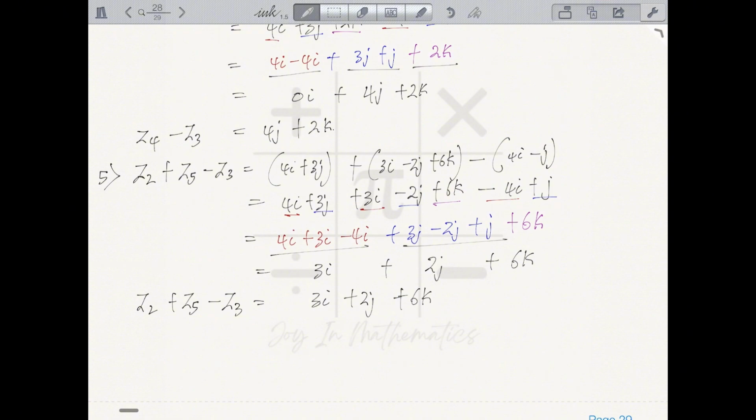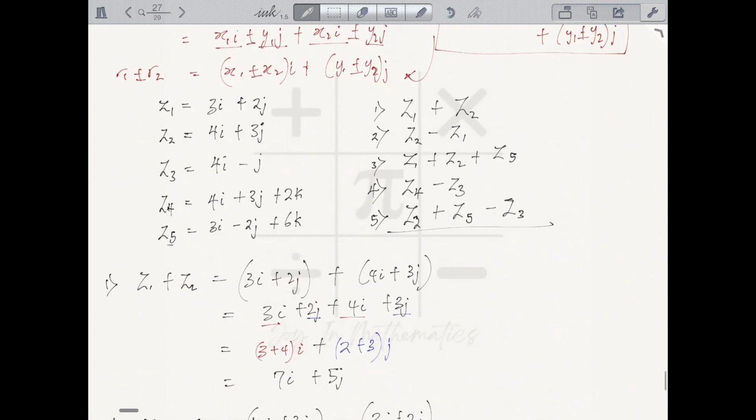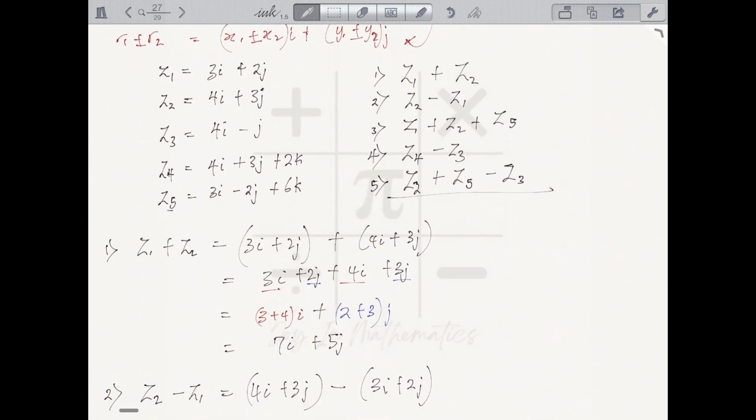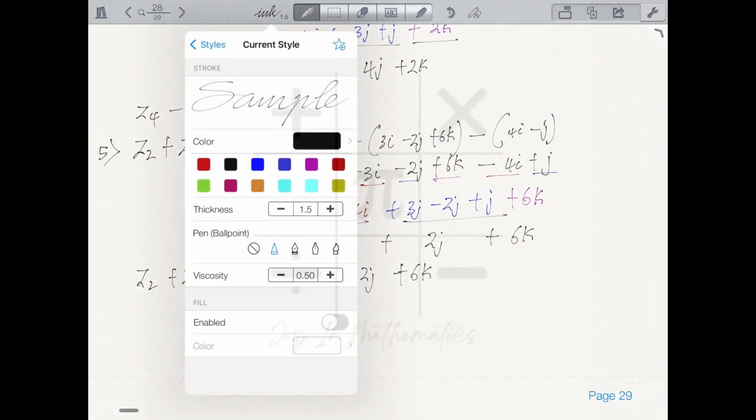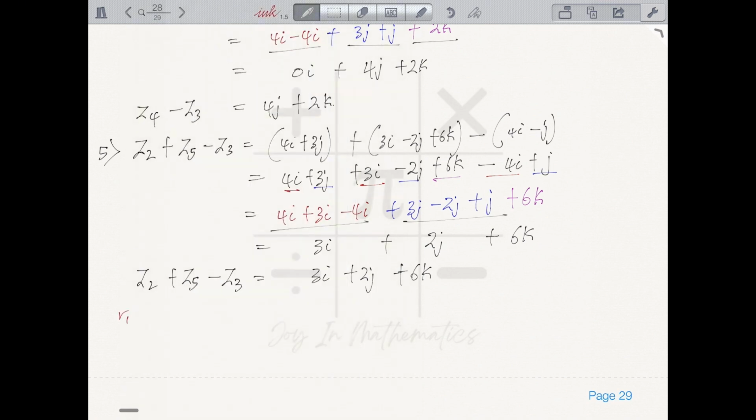So we solved questions 1, 2, 3, 4, and 5, and we can see all that was applied was just collecting like terms. If r1 is equal to xi plus yj plus zk, and r2 is equal to ai plus bj plus ck, we can conclude that r1 plus r2 is equal to (x plus a)i plus (y plus b)j plus (z plus c)k.